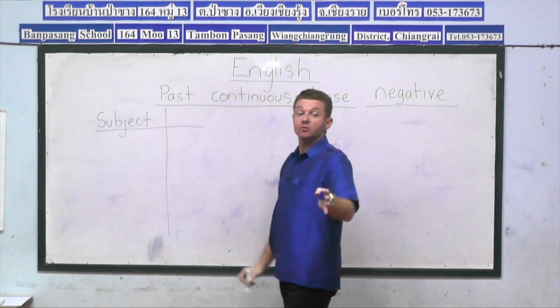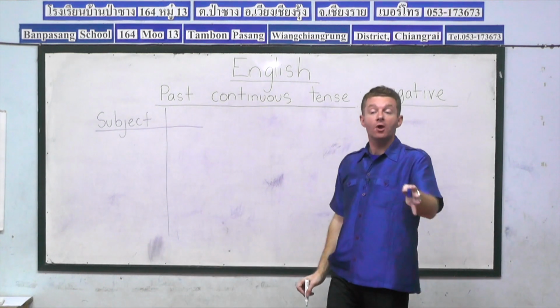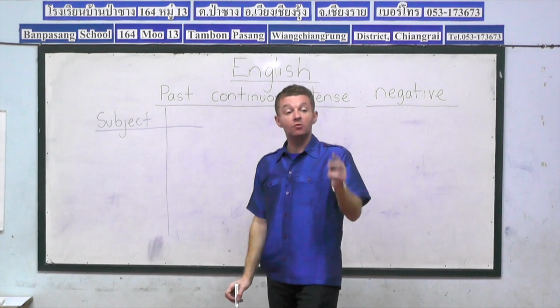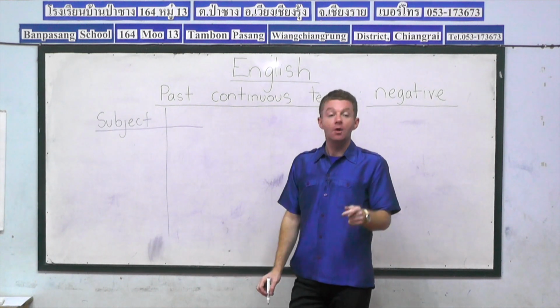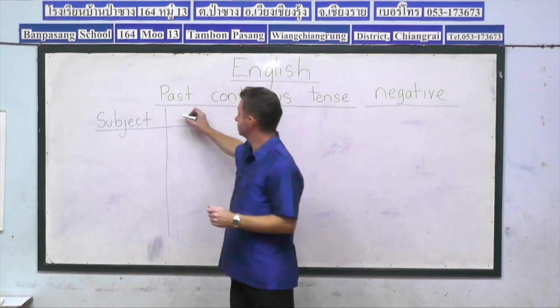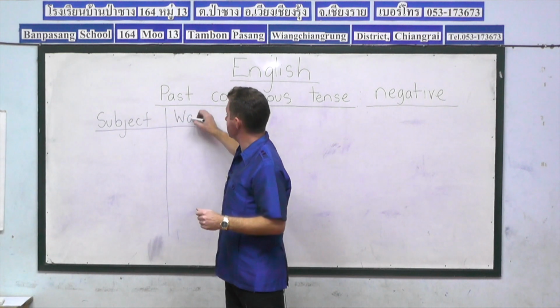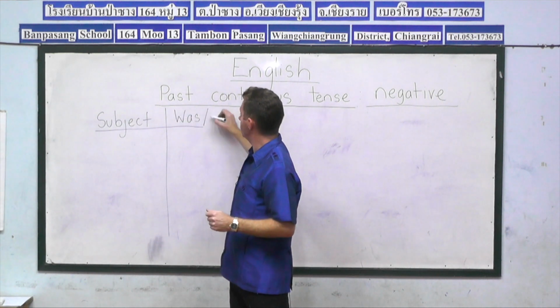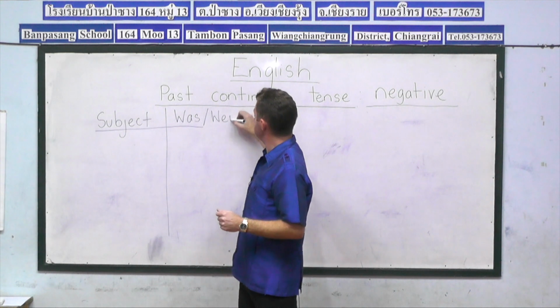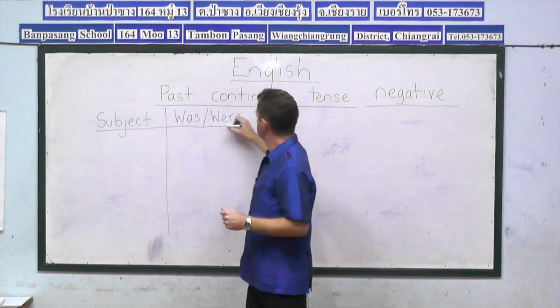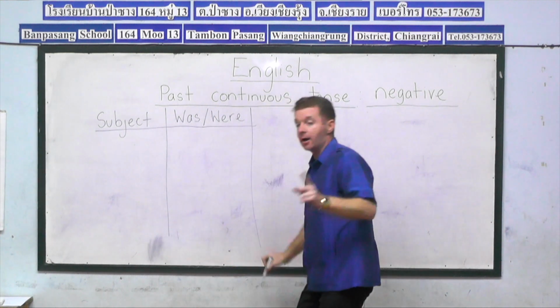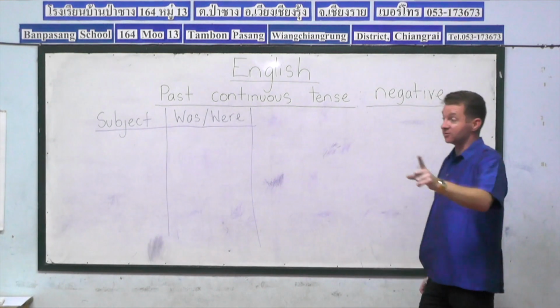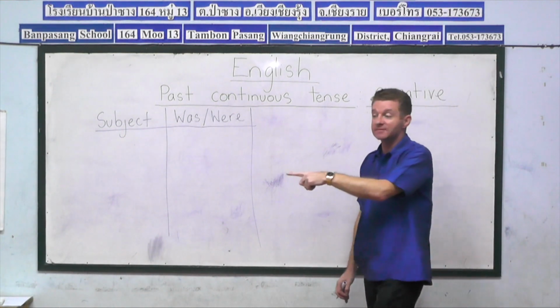Now, depending on the subject, what are the 2 words that we need to choose? There are 2 different words we could use. Was or were. W-A-S or W-E-R-E.